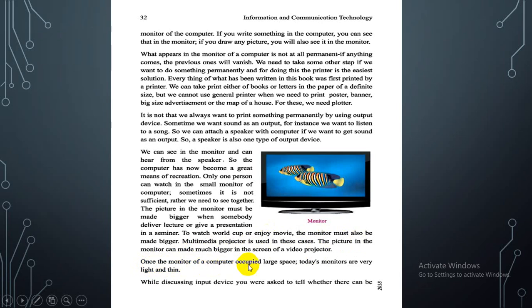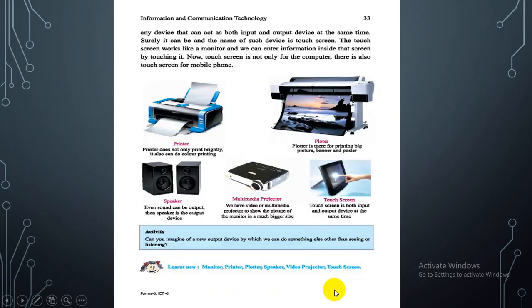The picture in the monitor can be much bigger on the screen of a video projector. Once the monitor of a computer occupied larger space, but today's monitors are very thin and light. While discussing input devices, we were asked whether there can be any device that can act as both input and output device at the same time. Surely it can be, and the name of such a device is touch screen.